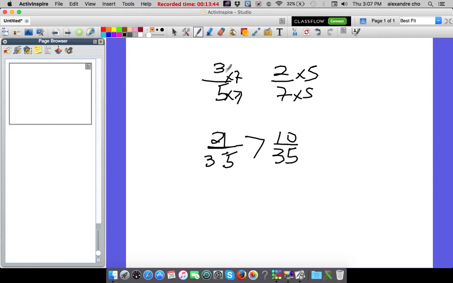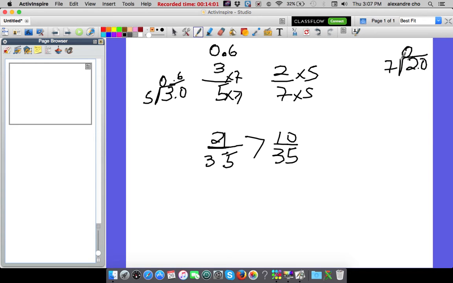You can change this to a decimal. 3 over 5 is 3 divided by 5, which is 0.6. And 2/7: 7 does not go into 2.